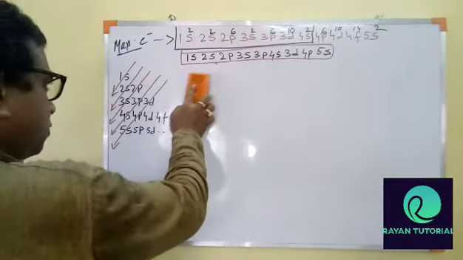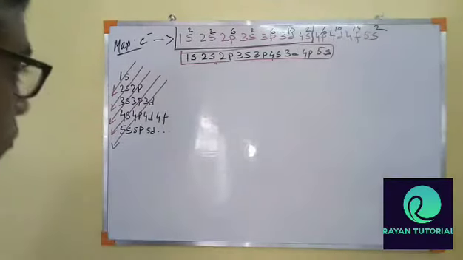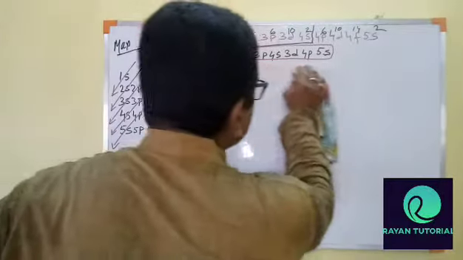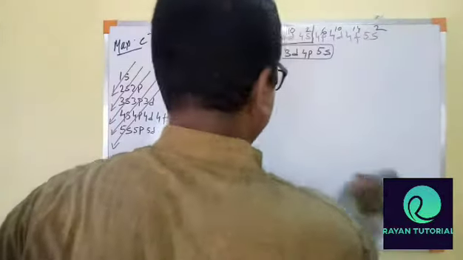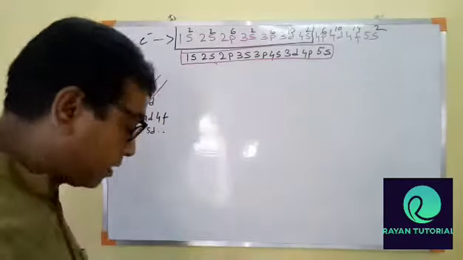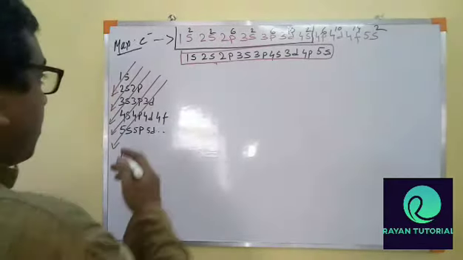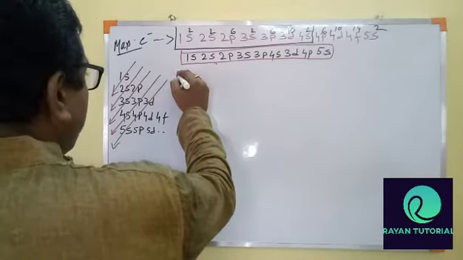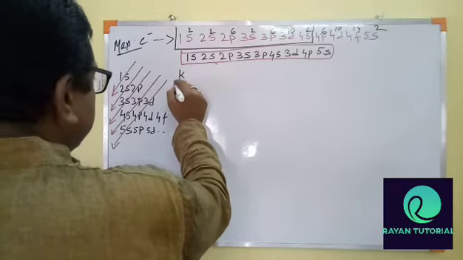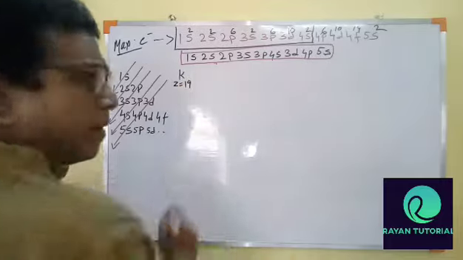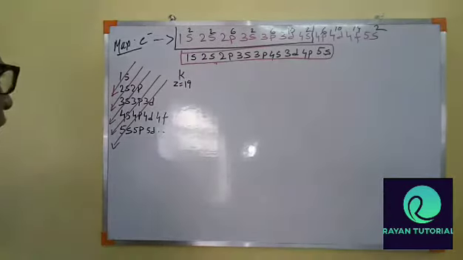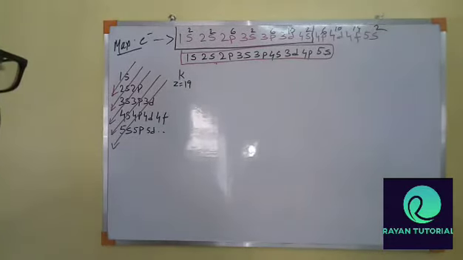So up to aluminum we did. Now let us start from 19. Potassium is 19. Am I right? Yes, I think I am right. Potassium is 19.